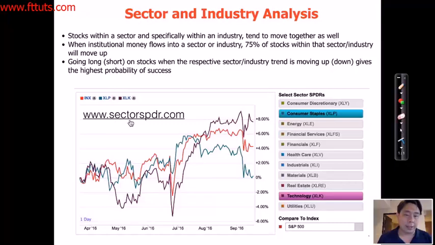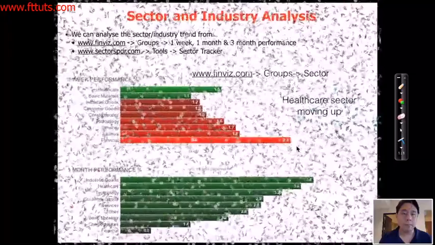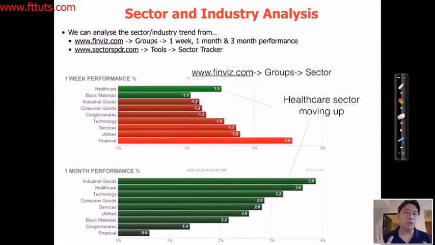sectorspdr.com. I'll show it to you in a short while. With this site, you can plot the individual charts of the sectors and compare them to the S&P 500 to see which sectors are outperforming the S&P and which are underperforming. Another resourceful site you can go to would be Finviz.